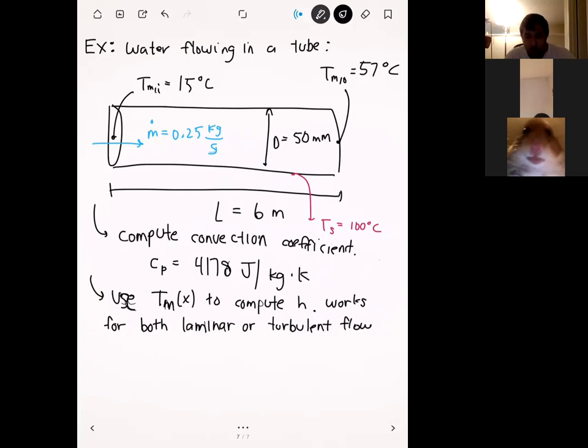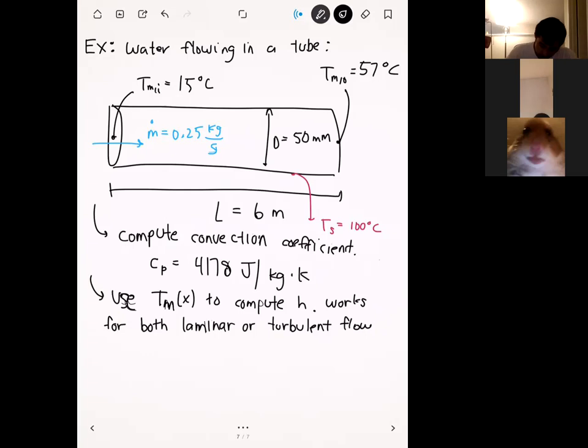We could compute the Reynolds number to see if it's laminar or turbulent, and I actually didn't do that for this problem. But because we have everything that we need to plug in for Tm of x, let's go ahead and use that.